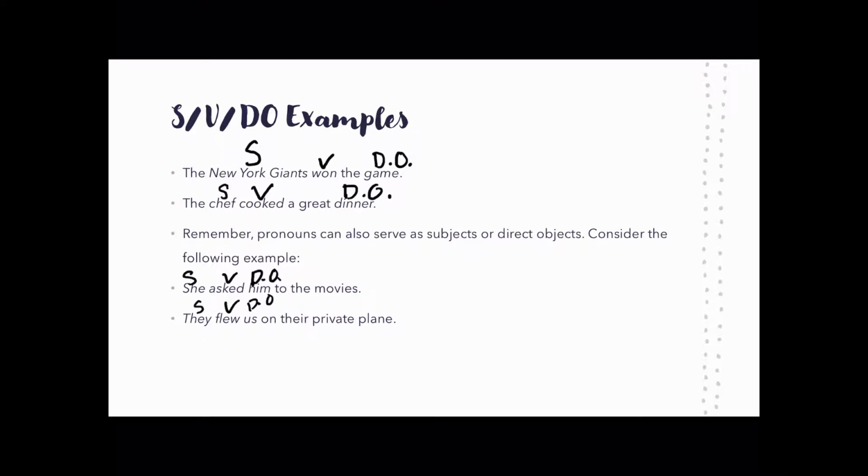So here's the examples for subject, verb, direct object in these sentences. The New York Giants won the game. So the action that's happening is won. Who won? The New York Giants. So that's our subject. What did the New York Giants win?